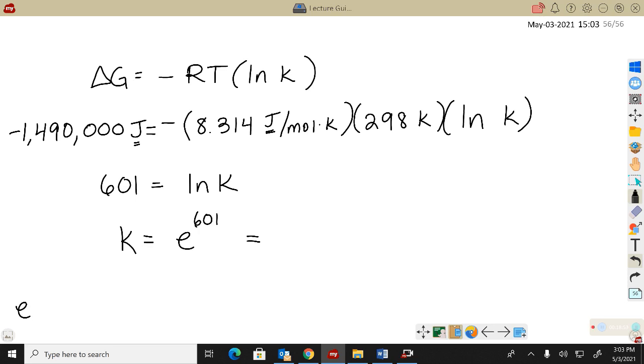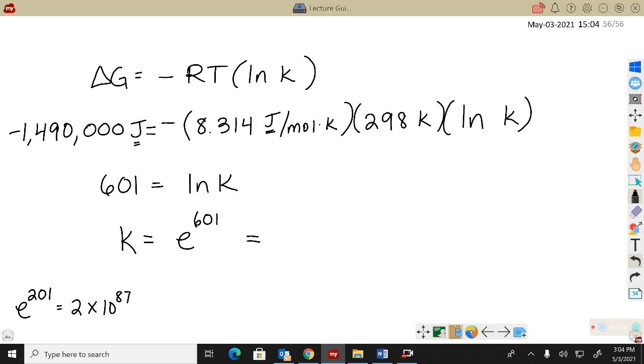I can do e to the 201st power, and that is about 2 times 10 to the 87th power, which obviously means then that e to the 600th power is going to be way bigger than 10 to the 87th power, which even that is a ridiculously high number.